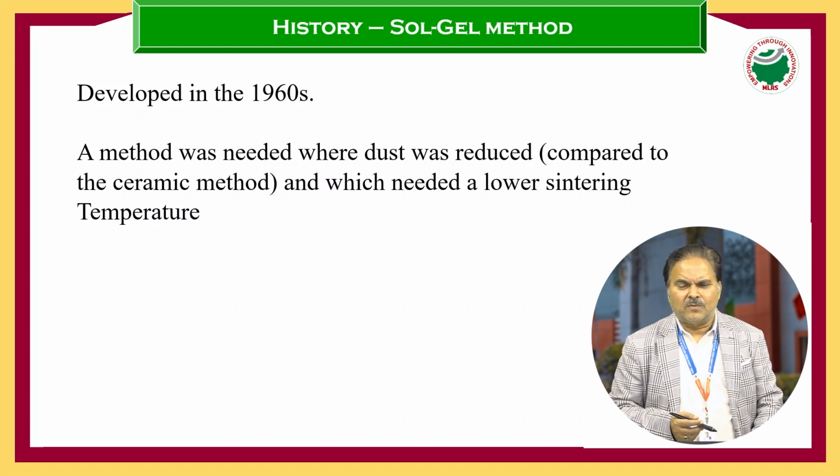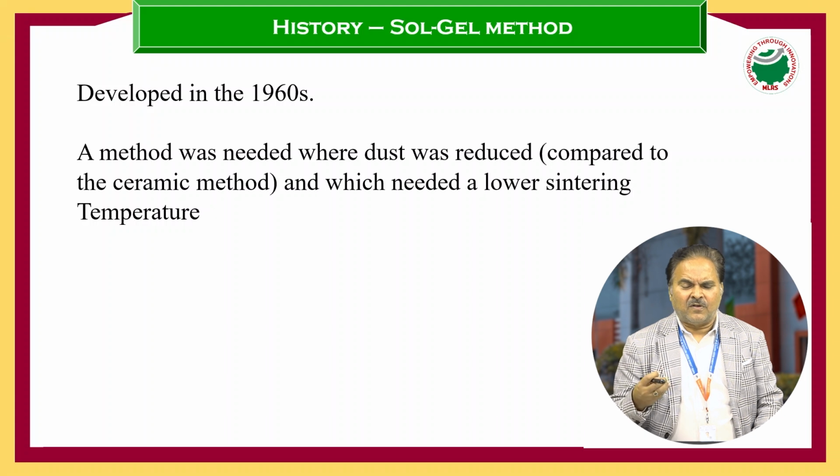Why did this Sol-Gel method come into the picture? There is more dust in making some types of ceramic materials using solid-state reaction, like just heating two materials in a furnace at high temperatures.